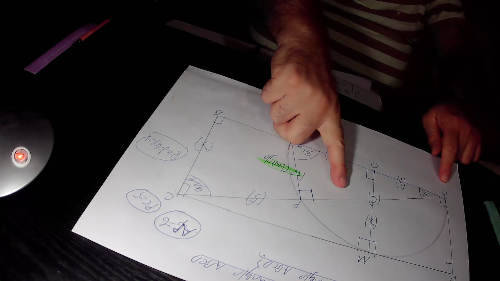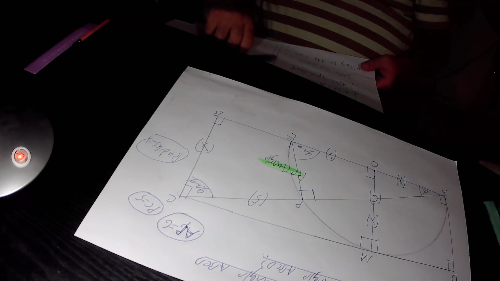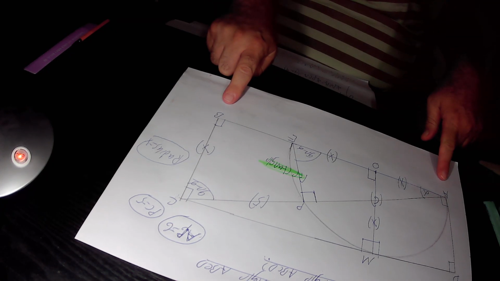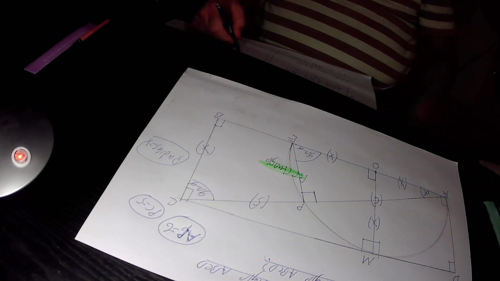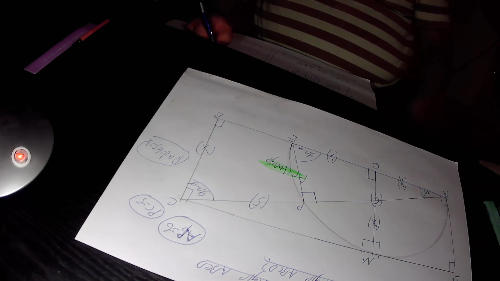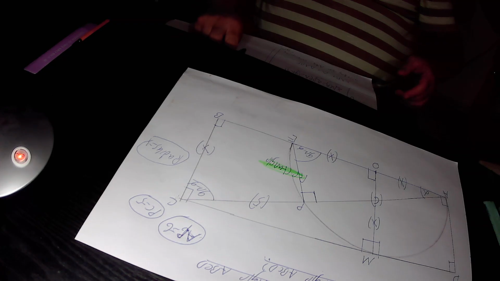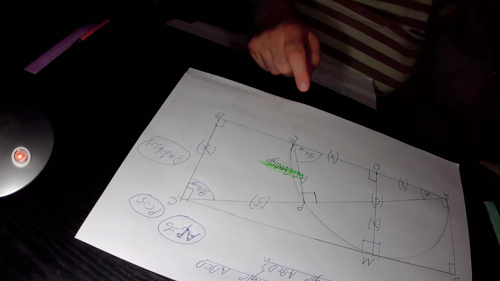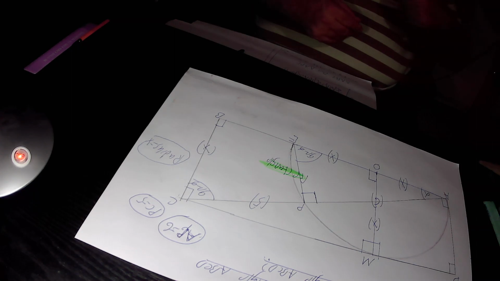AP equals 6 units, according to what is given in the question, over AB. AB is the missing side, so we will leave it as it is. And it is equal to AE. AE equals x plus x, that is 2x. This is actually the diameter of the semicircle.